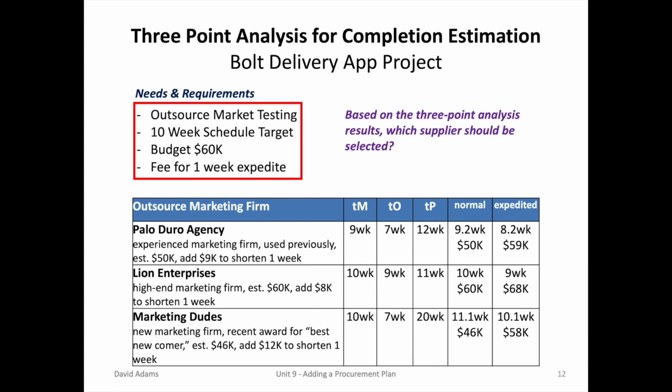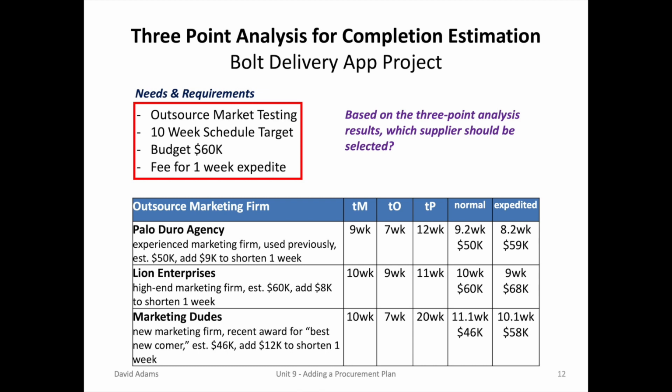Besides that, you need to take into account other mitigating activities. Read the information below each of the marketing firms. Palo Duro is an experienced marketing firm, and they've used them previously. Line Enterprise is a high-end marketing firm, and you pay for it.